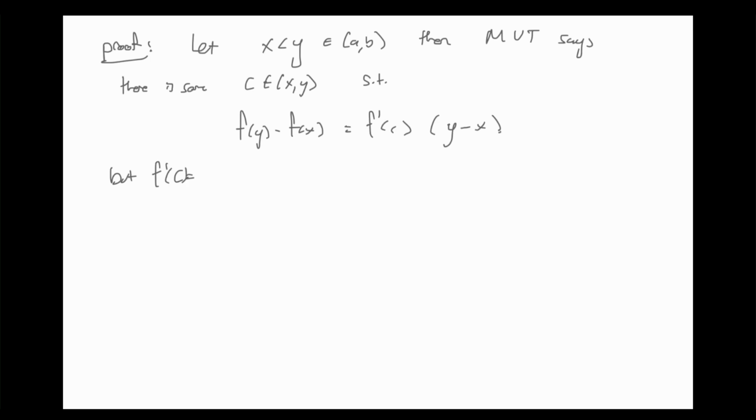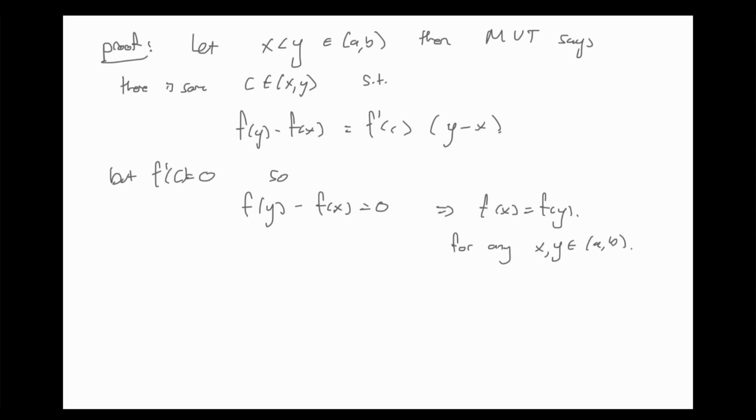But f prime of c is 0, is what we're assuming. So that cancels out the whole right side of that equation, and we're just left with f of y minus f of x equals 0, or f of x equals f of y. But that's true for any x and y in a to b, so that implies that f is constant on a to b.